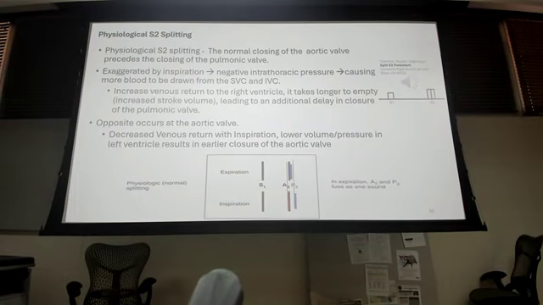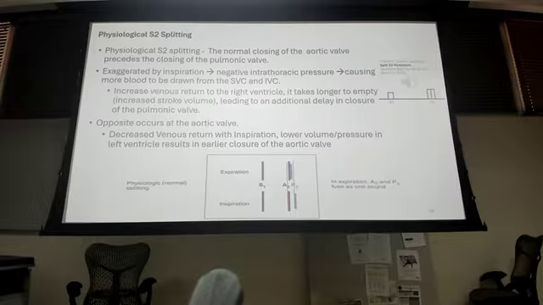because I have that negative intrathoracic pressure, the lung blood vessels are going to hold on to volume longer than usual. They're more compliant. And that then leads to a reduction in volume going to the left side of the heart.